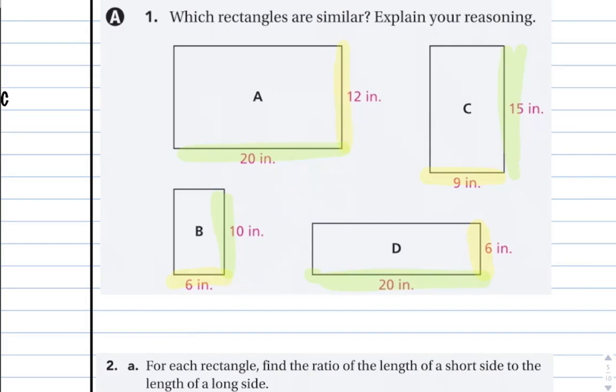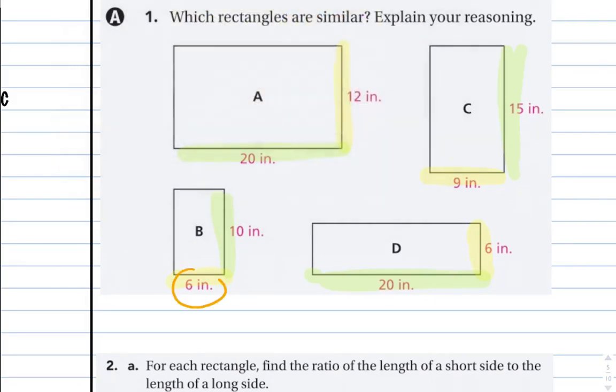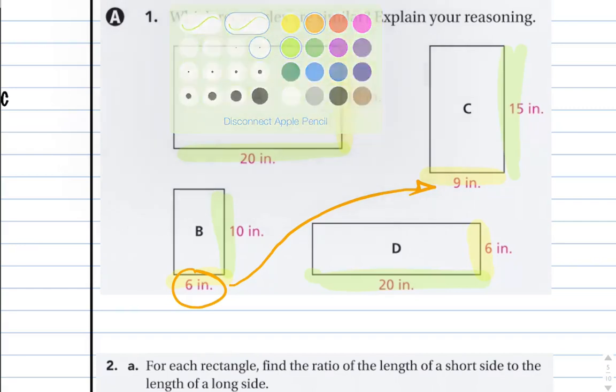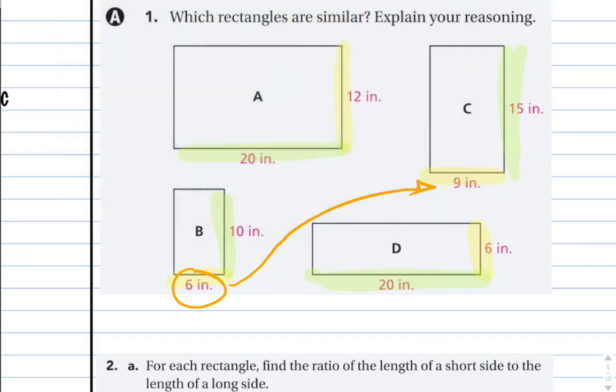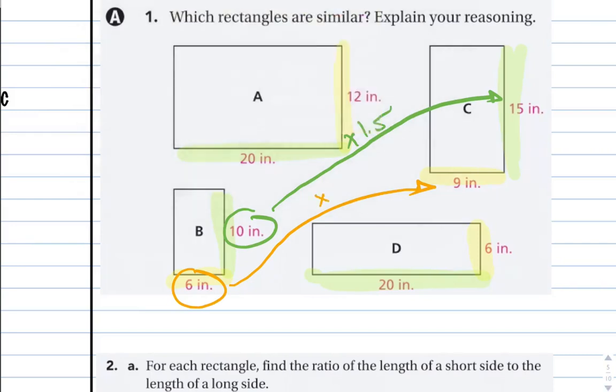I'm going to go from 6 inches to 9 inches, and then from 10 inches to 15 inches. Now 10 to 15 is times 1.5, and 6 to 9 is times 1.5. These two, again, are the same. If they're the same, then they are similar.